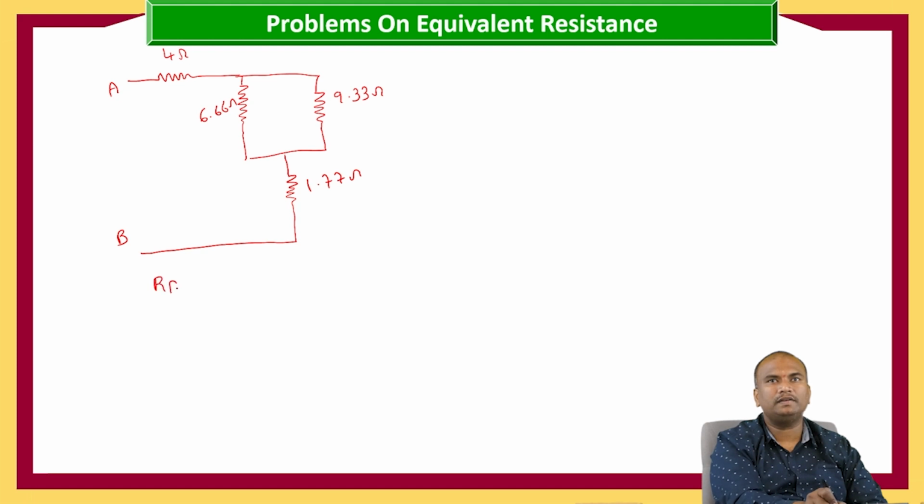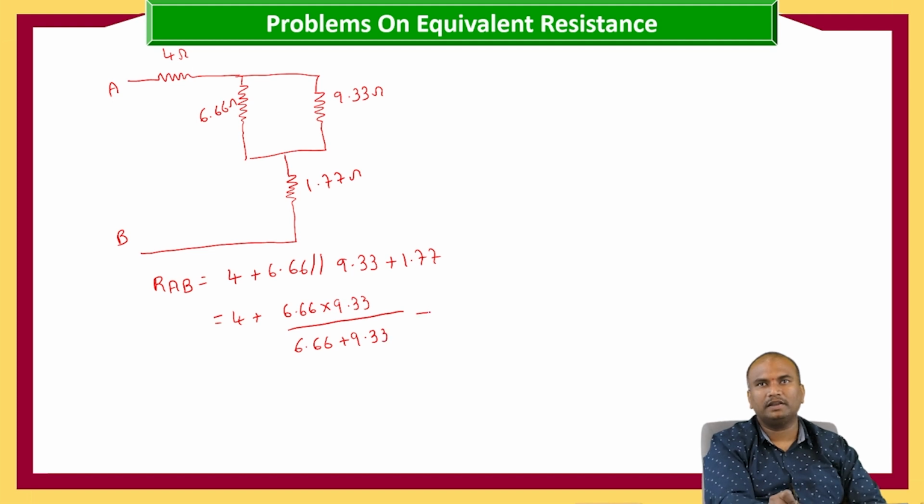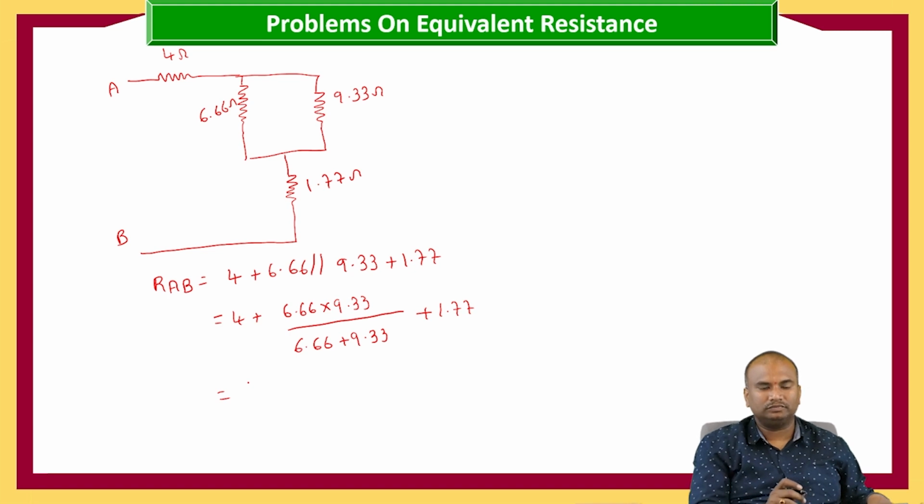So RAB is equals to 4 plus 6.66 is in parallel with 9.33 plus 1.77, which is equals to 4 plus 6.66 into 9.33 by 6.66 plus 9.33 plus 1.77, which is equals to 9.65 ohms.